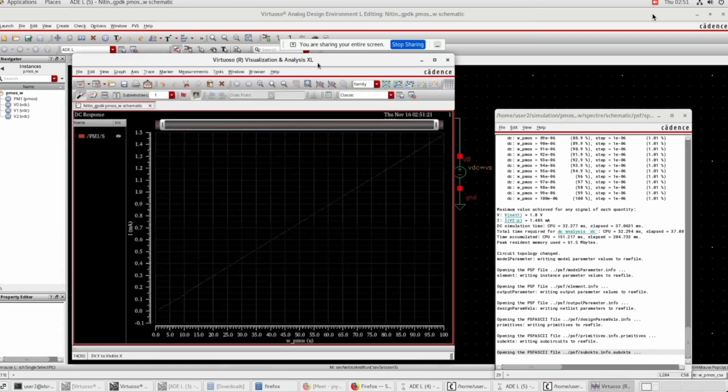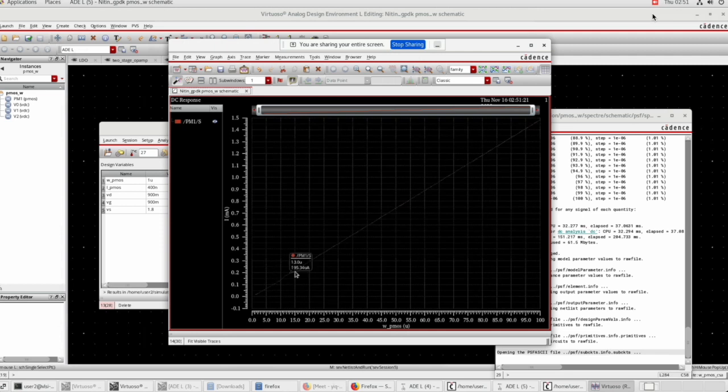Yeah, this is the plot, and we get 300 microampere at around 20 U. So from this, the size of this PMOS is fixed to be around 20 micrometer.